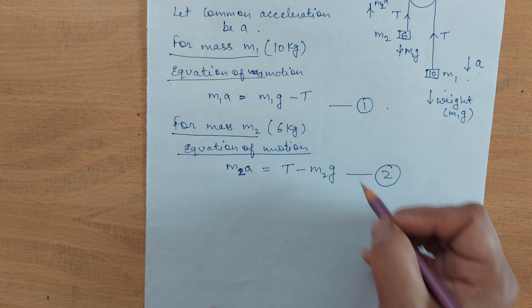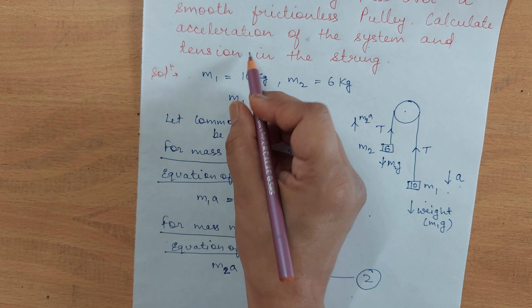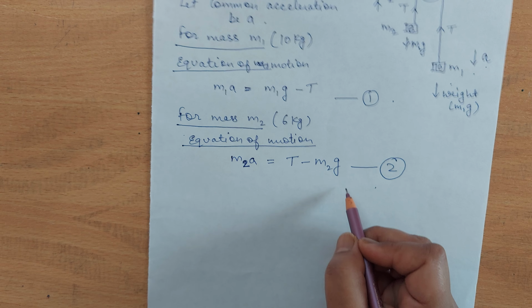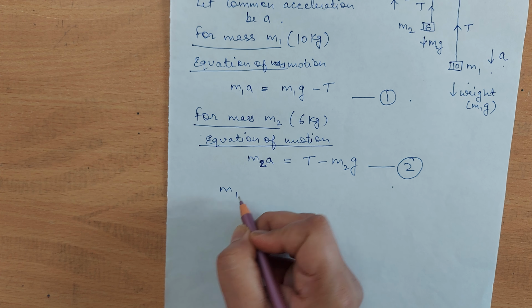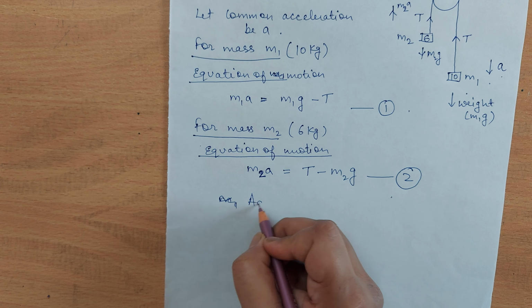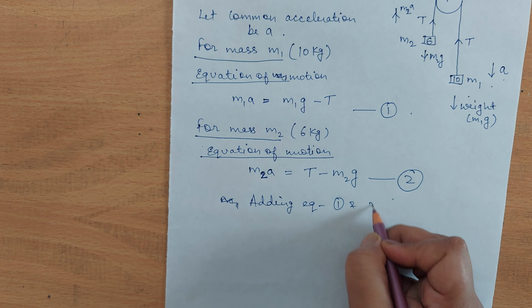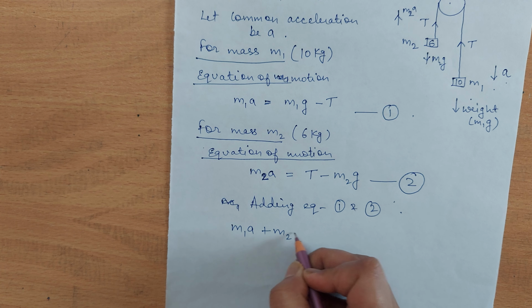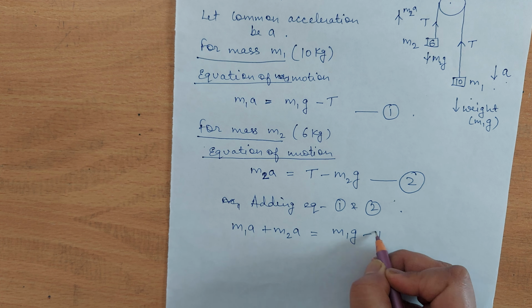Now we will solve these two equations and find acceleration and tension. First of all, if we add equations 1 and 2, m1a plus m2a is equal to m1g minus T plus T minus m2g.